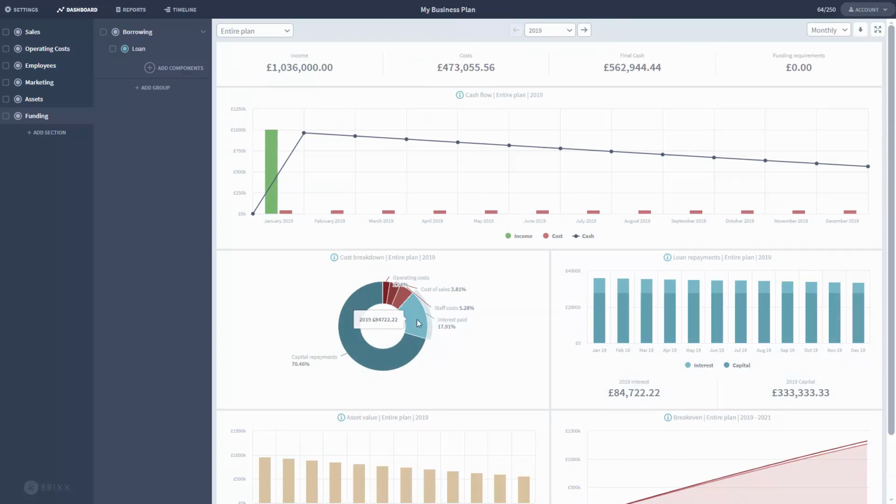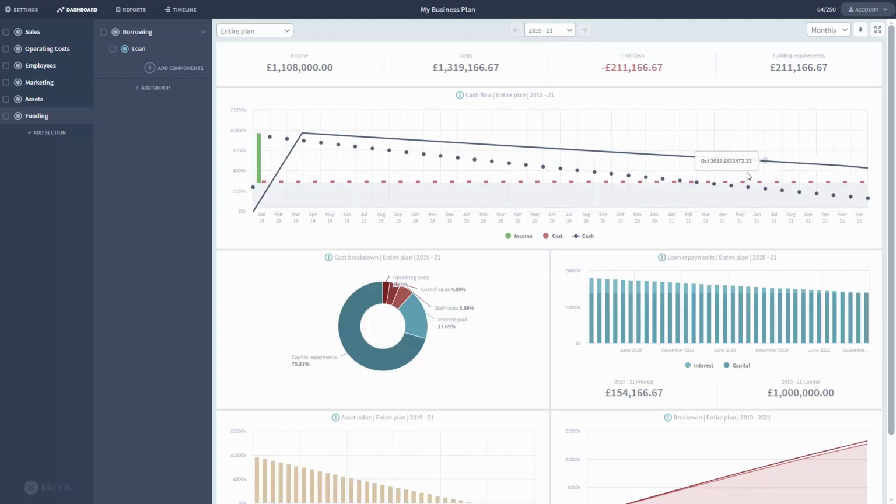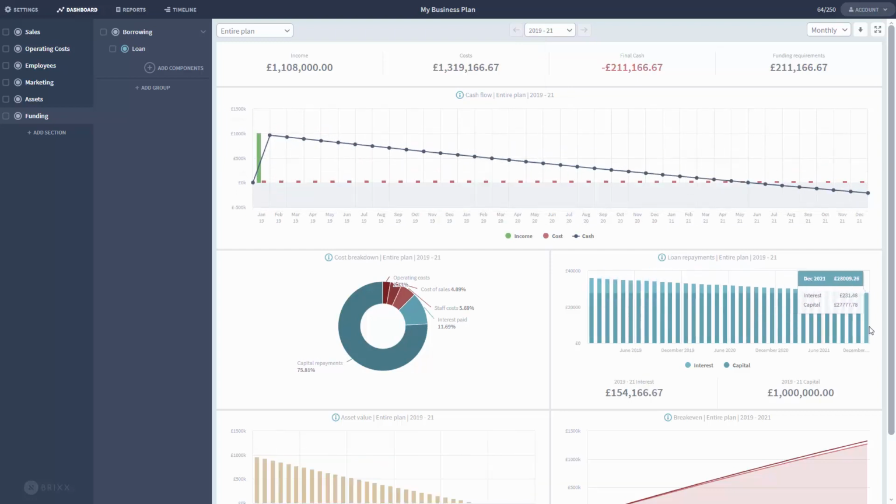And in this lighter blue colour here, we've also got the interest split out, and now you can see that a bit more clearly in the actual loan repayments chart. You can see the capital and the interest split out, and this is a 3-year loan, so it actually lasts for the entire plan.